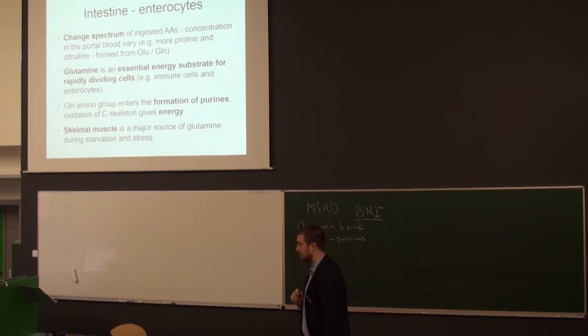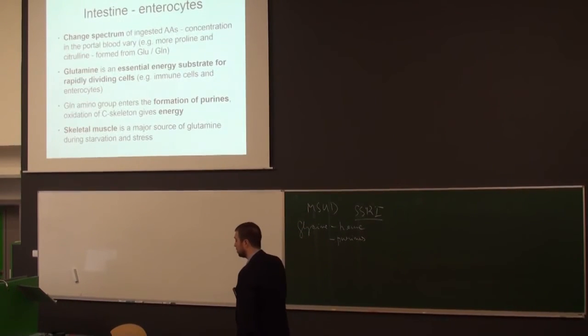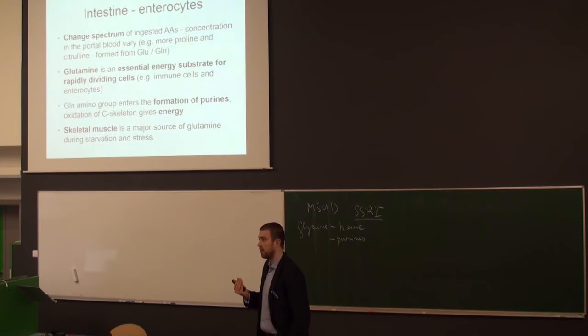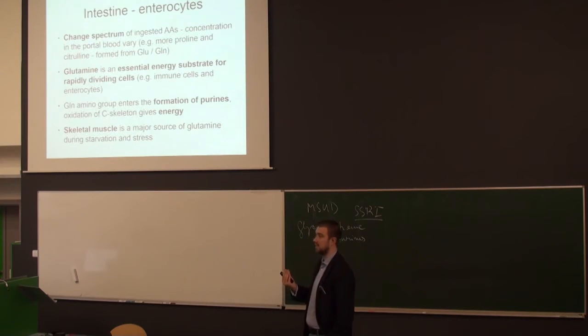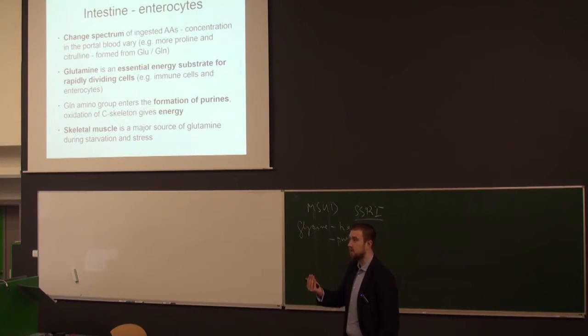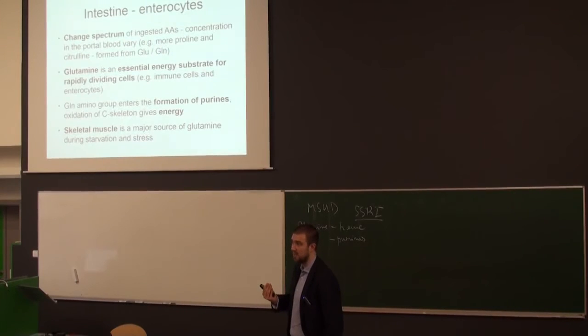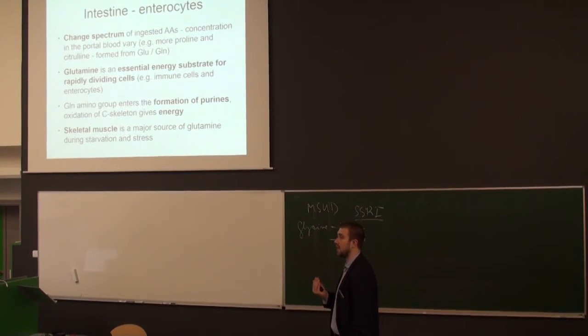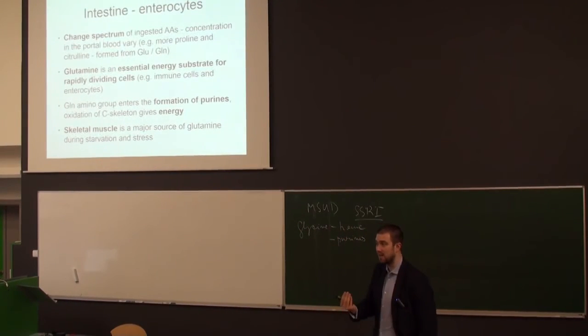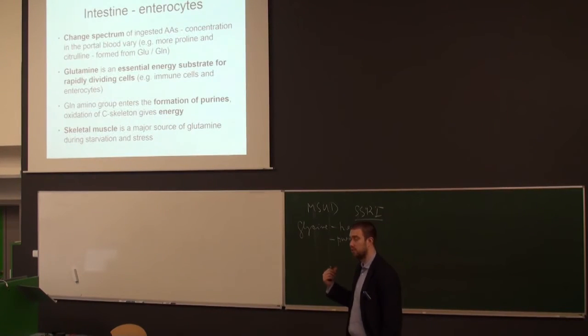Intestine. Inside the intestine, you come into very close contact between the amino acids in the diet and the enterocytes, which must decide whether, and if yes, then how they will modify the amino acids from the diet before they secrete them into your body.